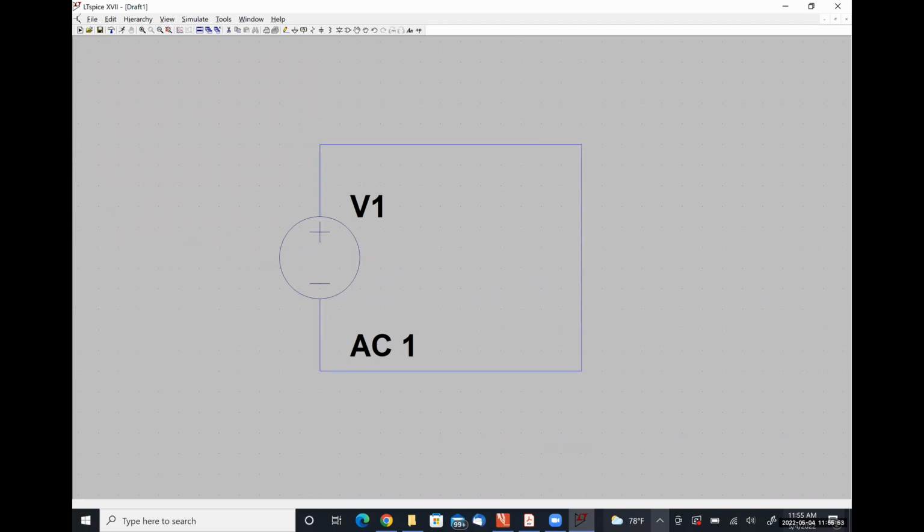I'm just drawing a box around this for now. All right, somebody give me a resistor value.